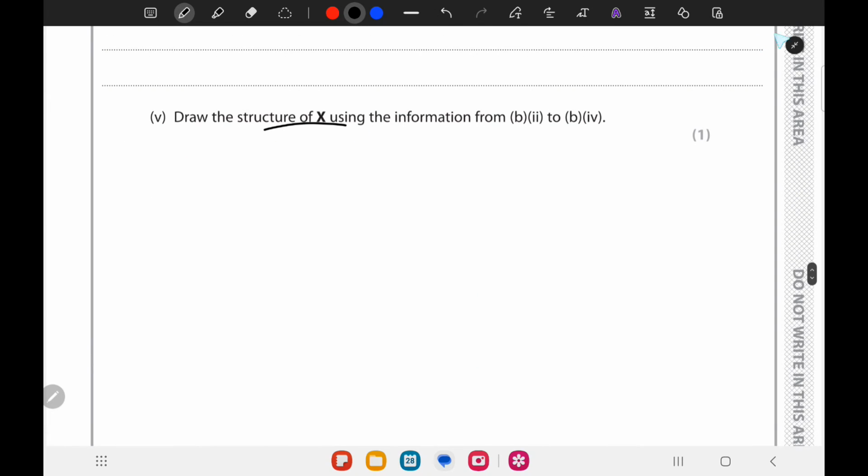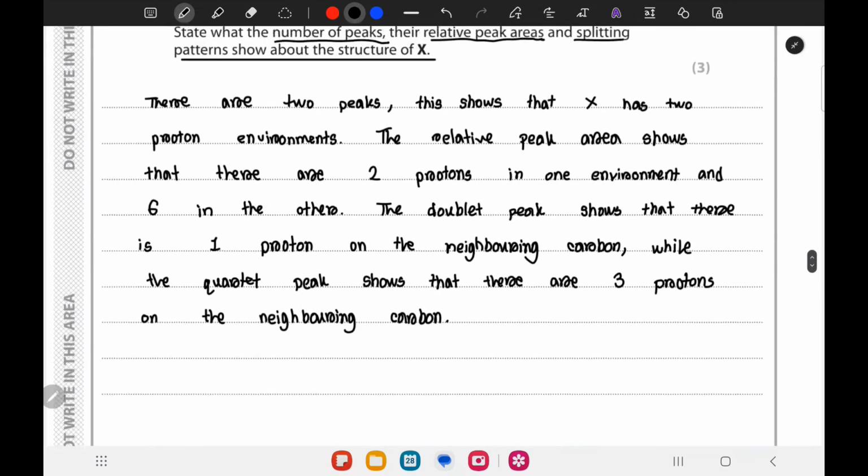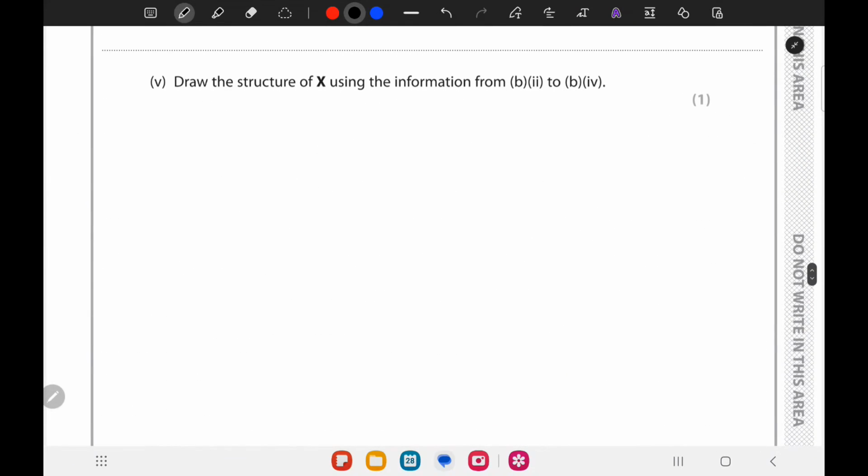Now we have to draw the structure of X using the information from part B2 up to B4. We know that the molecular formula is C6H8O4. Now, if I want to divide this, we have to have symmetry over here since we only have two hydrogen environments and 3 carbon environments.